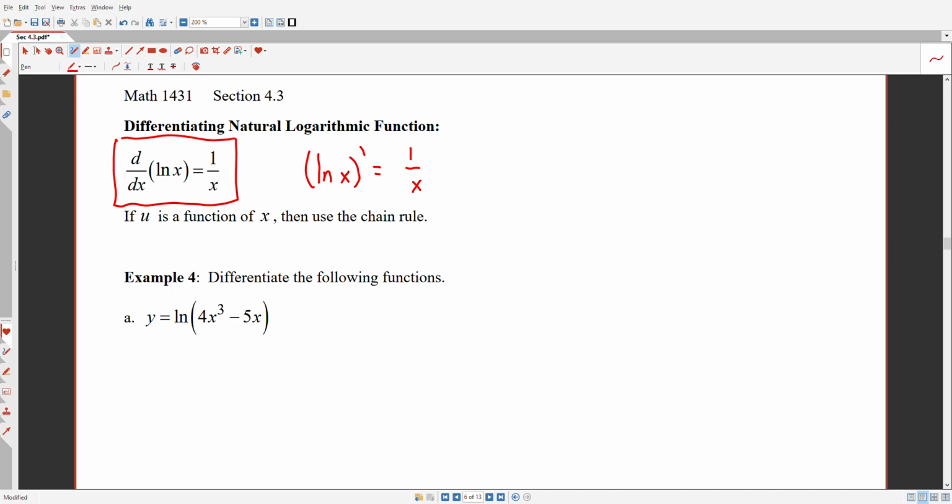They even say down here, in these type notes, if u is a function of x, then we use the chain rule. So here's what they're really saying in these notes. If instead you are trying to take an x derivative of the natural log of u of x, well, then the chain rule is going to say, okay, I now have a rule for taking a derivative of natural log.